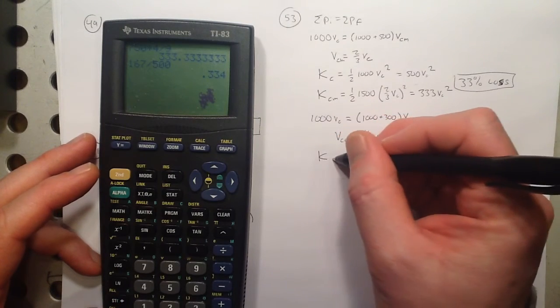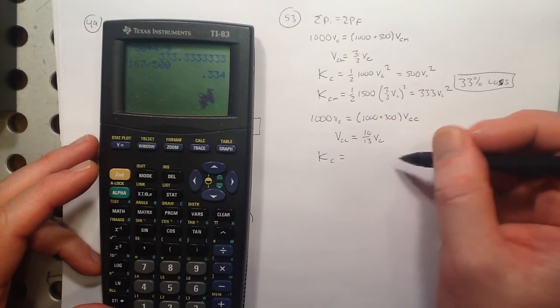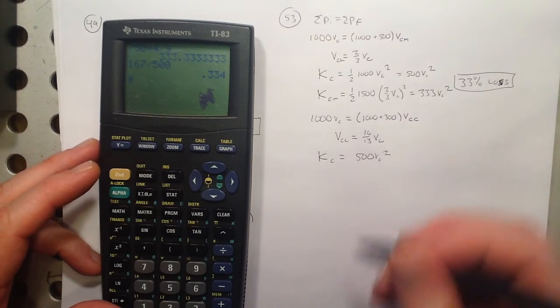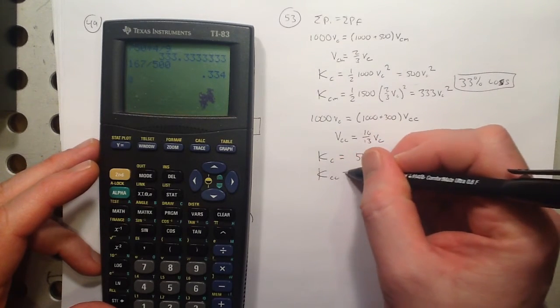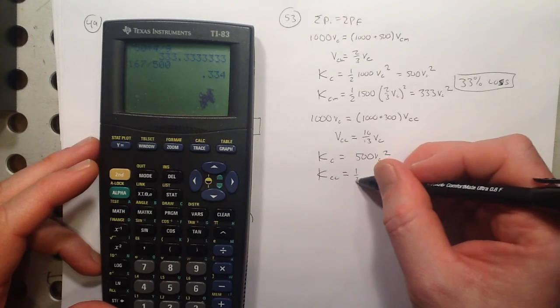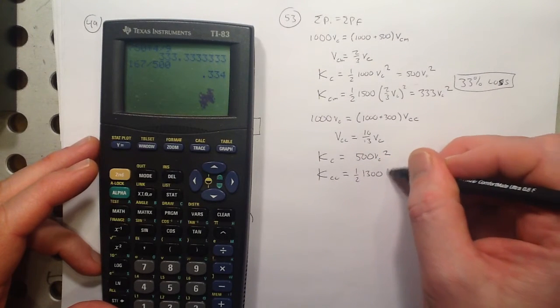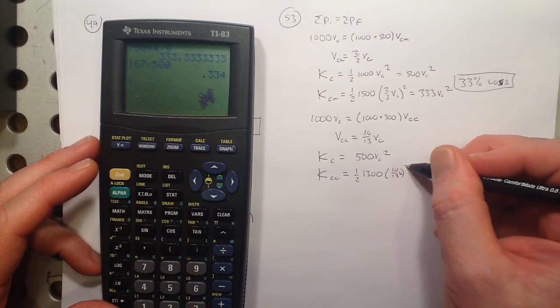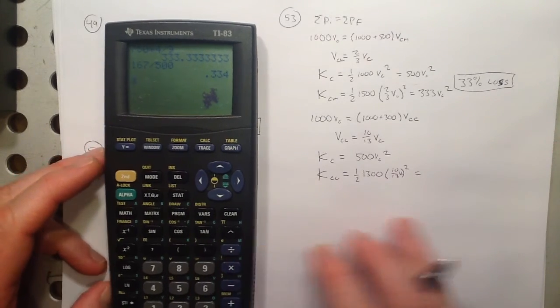So I can make the same calculations here. The first one's going to be the same. And the kinetic energy of the CC now is 1/2 times 1300 times 10/13 Vc squared.